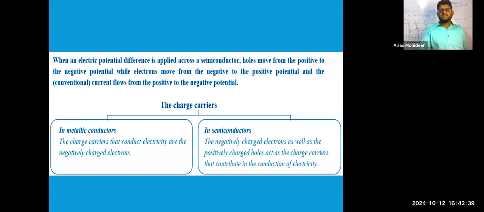In metallic conductors, the charge carriers that conduct electricity are the negatively charged electrons. Only negative charge carriers are there in metallic conductors. We discussed that, right? In semiconductors, the negatively charged electrons as well as the positively charged holes act as the charge carriers that contribute towards the conduction of electricity.